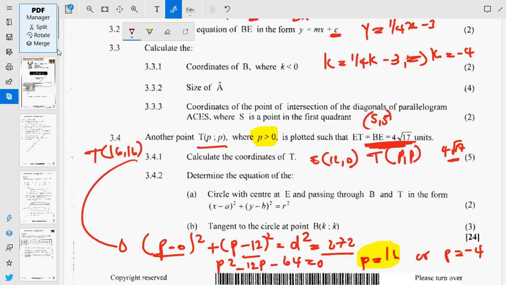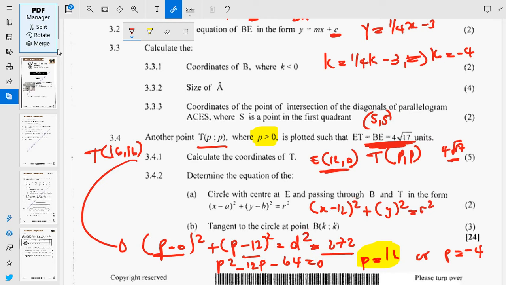Then our last part of the question says, determine the equation of the circle centered at E and passing through B and T in this form. So we already know that the center is E, so we can quickly write (x minus 12) squared plus (y minus 0, which is just y) all squared is equal to r squared.